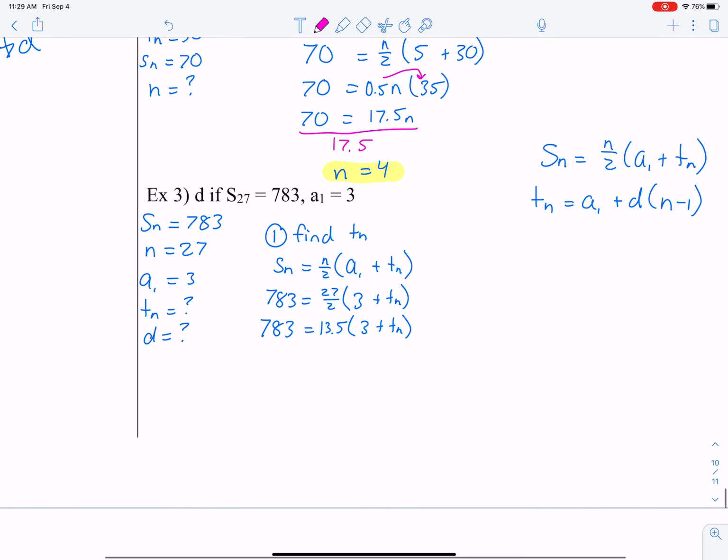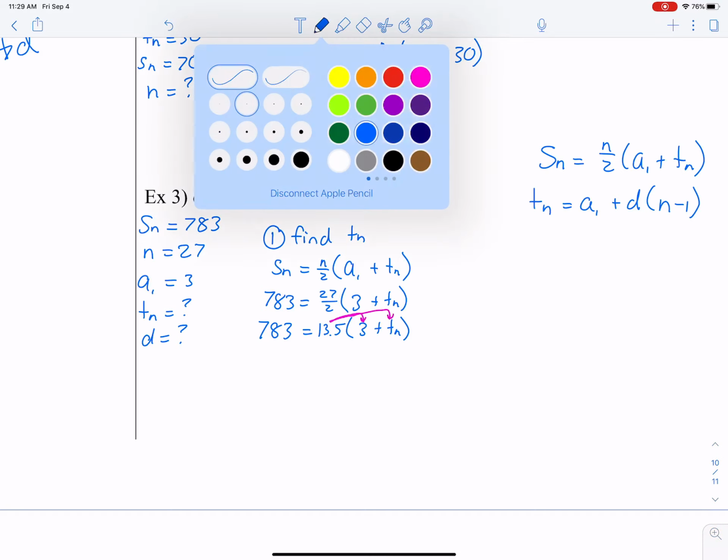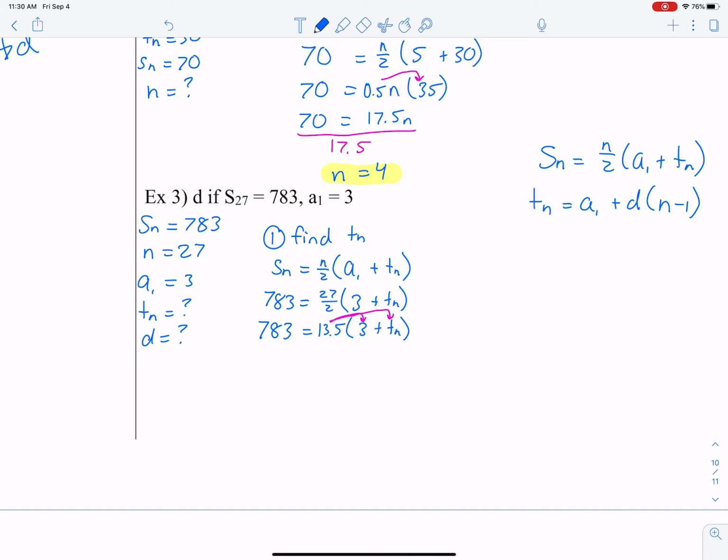Then I'm going to multiply. So this needs to get multiplied to the 3 as well as to the Tn. You have to make sure you multiply to both spots. So I get 783 is equal to 40.5 plus 13.5 Tn.